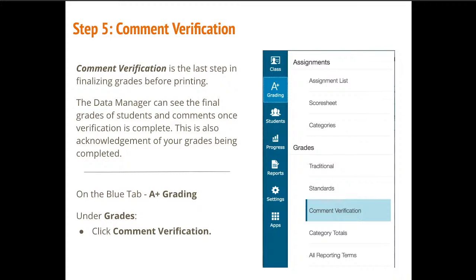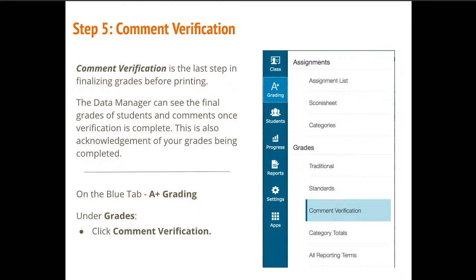Now, while there are multiple areas for you to verify grades, we always like to tell teachers to go to comment verification. We've always taught our grades 3-12 to go to comment verification, because if you were a teacher putting assignments in to that particular reporting term, you would actually be able to see that grade along with the comment there for your particular reporting term.